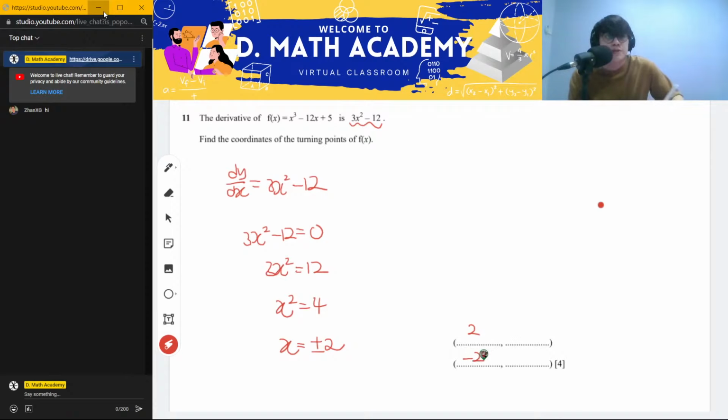Then run the substitution accordingly back into the original equation. Don't use the wrong one. Don't use your differentiated value. So substitute it accordingly, you will get your answers.